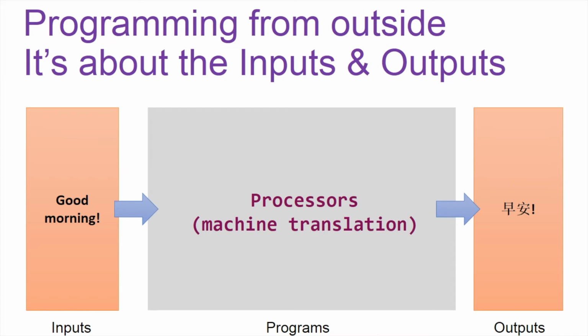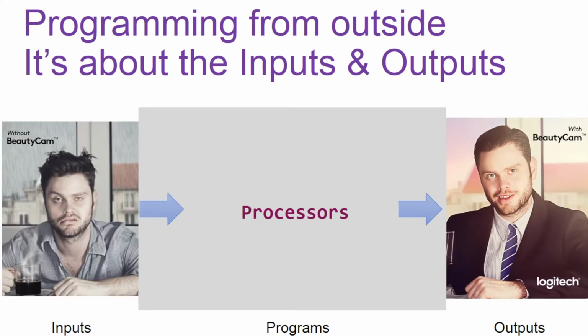Anyway, in a more general sense, you will see other programs like a machine translation program, which will translate your English inputs to Chinese outputs. Some apps, like the beauty camera, could help you process your image inputs to image outputs.